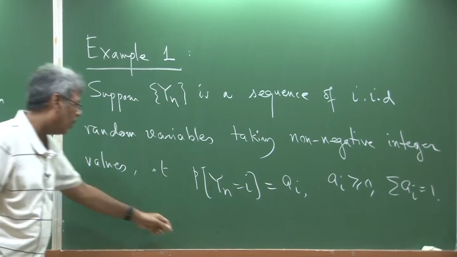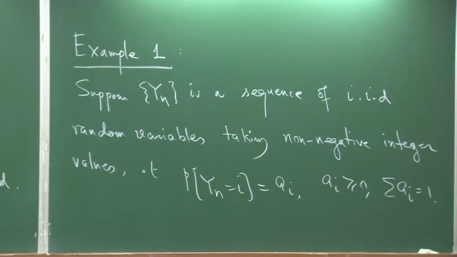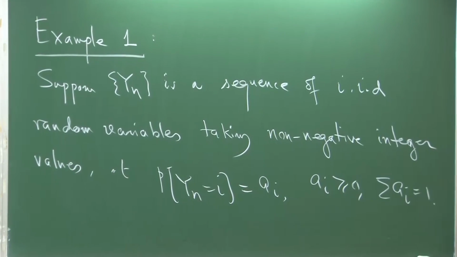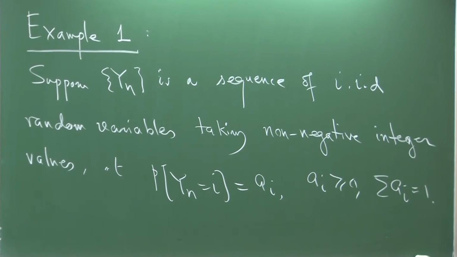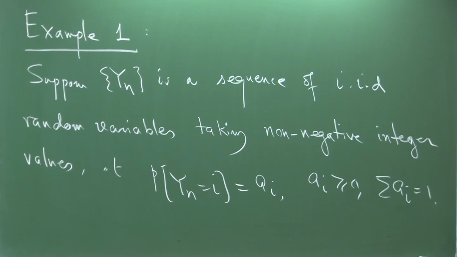So, this is my Y_n, and now I am defining different X_n from there, and we try to find out what is the corresponding transition probability matrix.